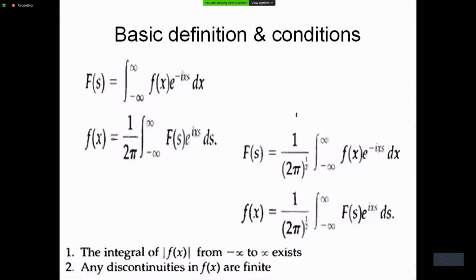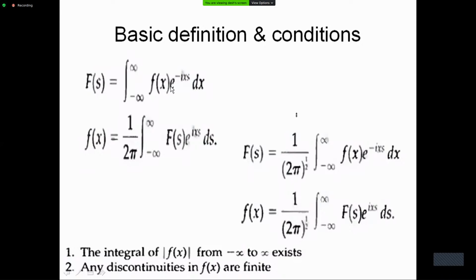All right, so where I was, if f(x) is a linear superposition of a large number of sinusoids, each one of them is represented as some amplitude times e to the power i x s, right? And the s being different, you will find that the product corresponding to the same s will only survive.